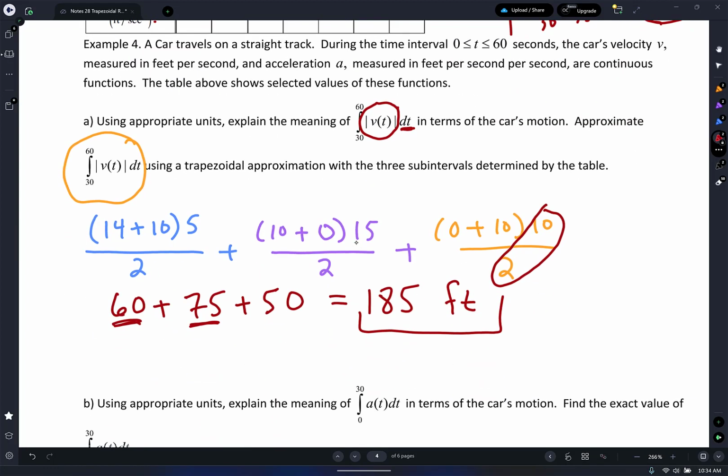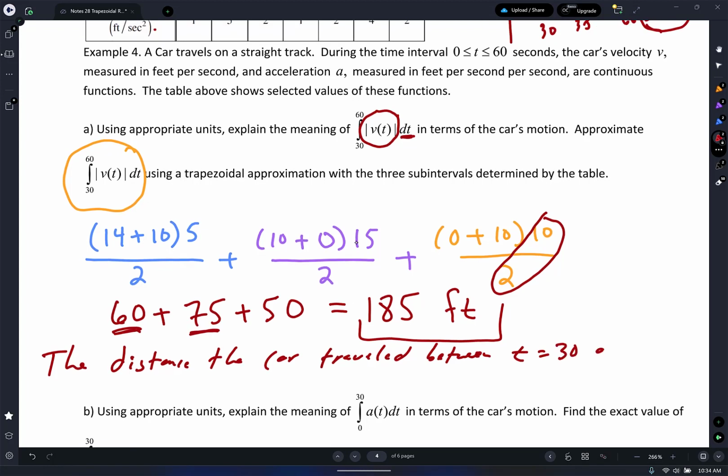So I'm going to write the distance the car traveled between t equals 30 and t equals 60 seconds is 185 feet.